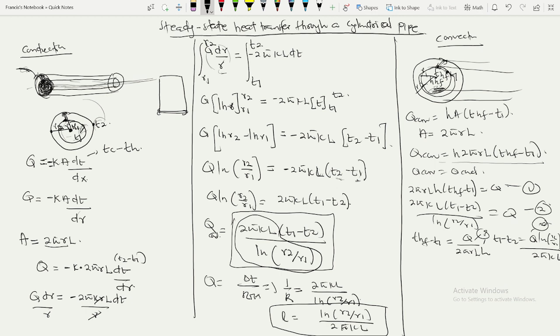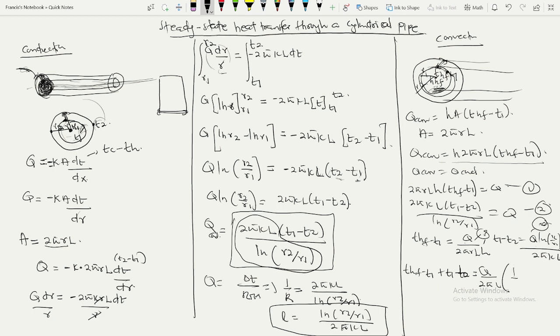So equation 3 plus equation 4 is going to give us T_HF minus T1 plus T1 minus T2, which should be equal to adding this and this. You can factorize Q over 2 pi L out.